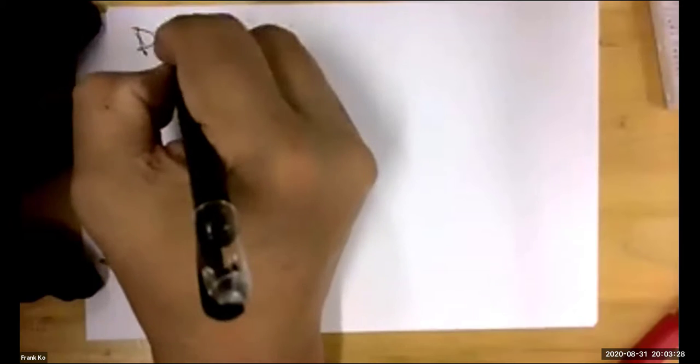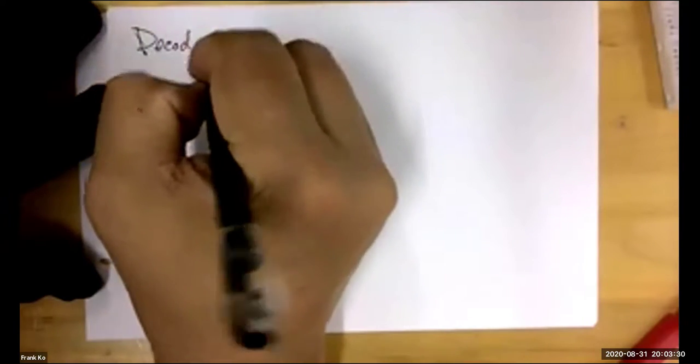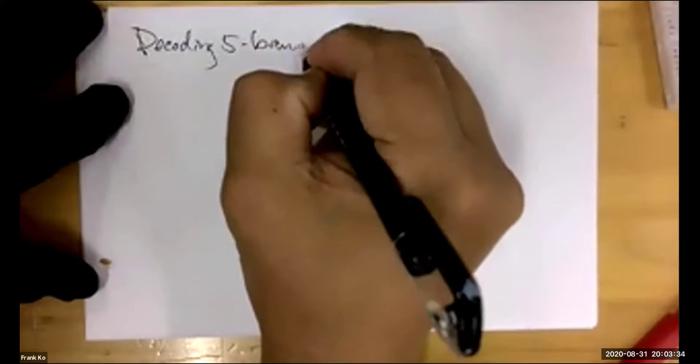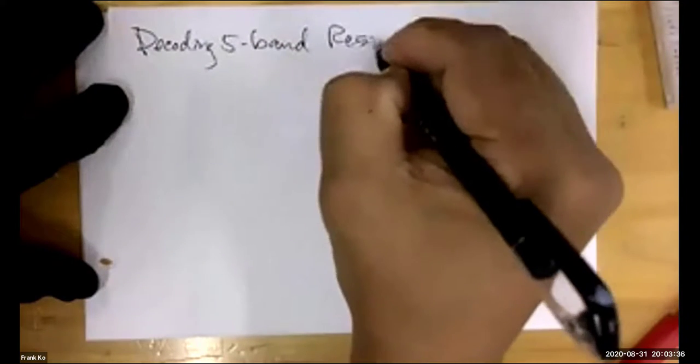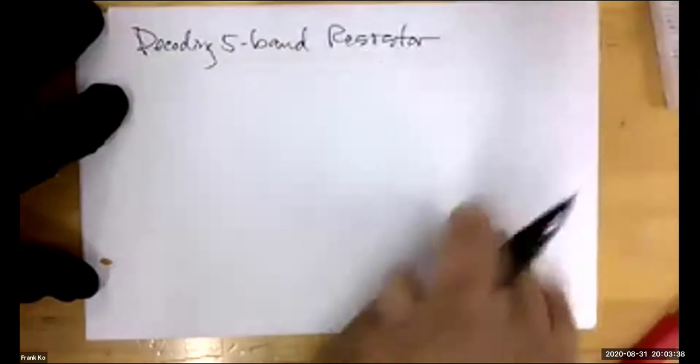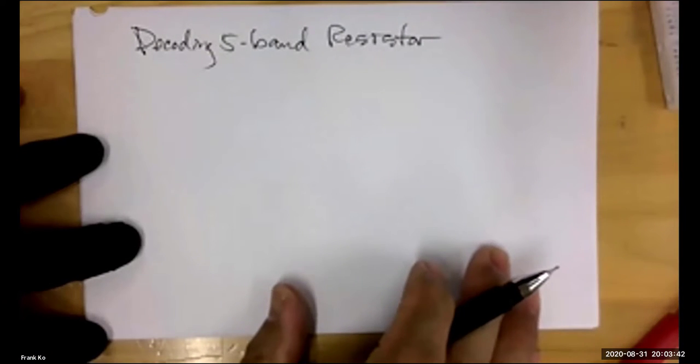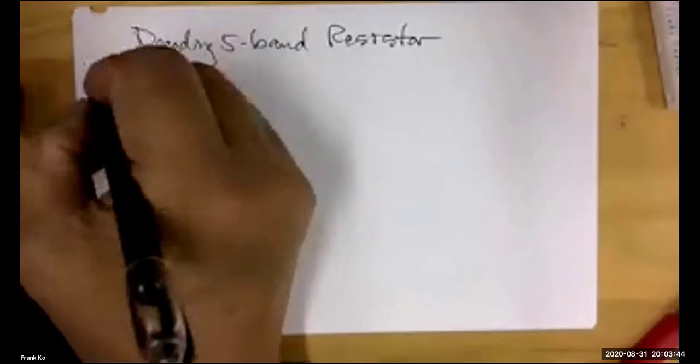So decoding a 5-band resistor. And the 5 color bands that I'm going to give you in this sequence will be as follows.